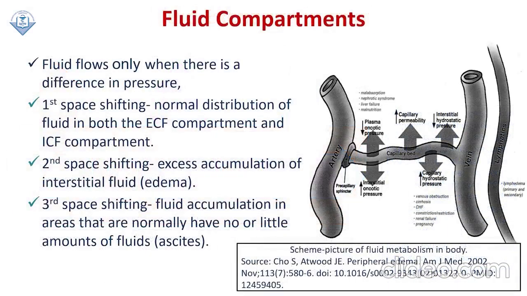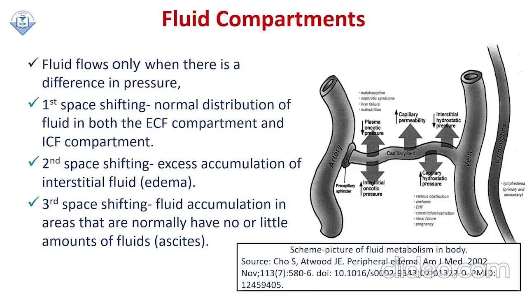And we gradually move to the next slide, in which you can see further explanation. Fluids flow only when there is a difference in pressure. This is the first important conclusion from our previous scheme. Then, first, space shifting: normal distribution of fluid in both compartments, extracellular and intracellular.